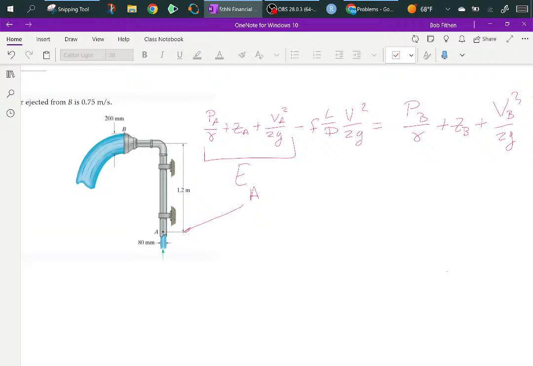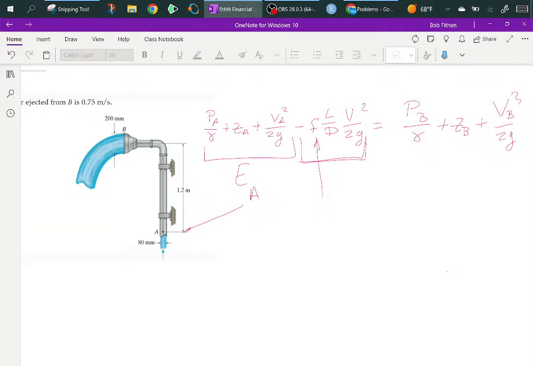Then in the process of this water going through this pipe, maybe the pipe is really rough and loses a lot of energy. That is a term where this is the length of the pipe, that's the diameter of the pipe, and this is the velocity through the pipe. The only thing that's weird here is this f, and that's the whole point of a later chapter, to determine what that f is.